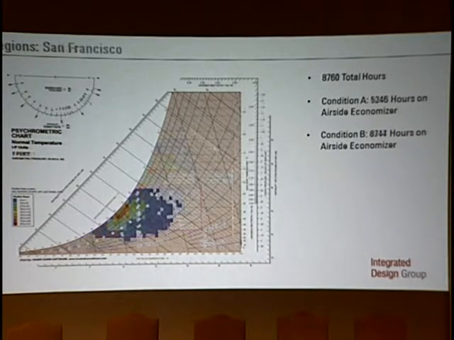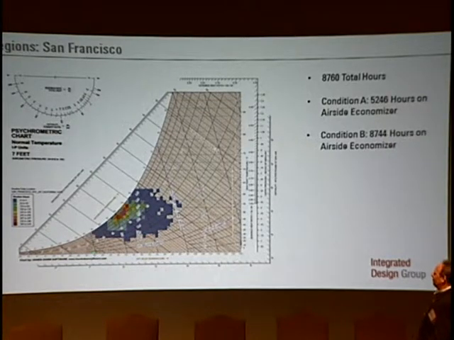Now we go to where nobody wants to live, San Francisco. Here you can see where the conditions are in San Francisco. This is 50 degrees right here, and everything to the right is warmer.